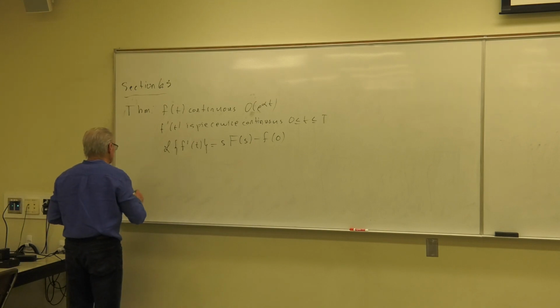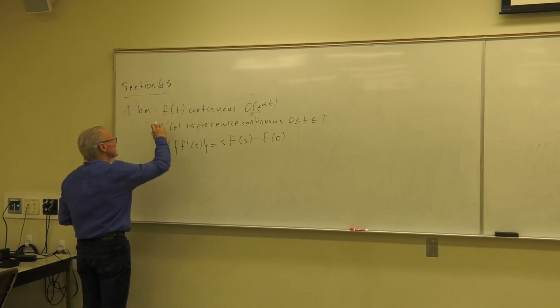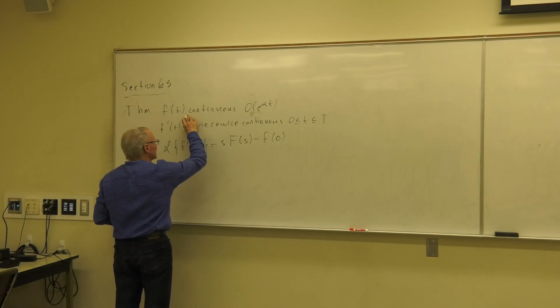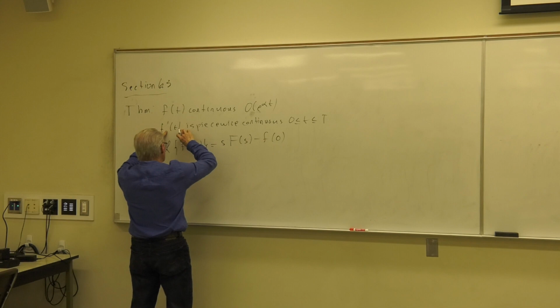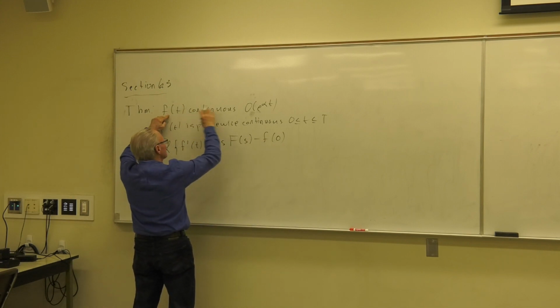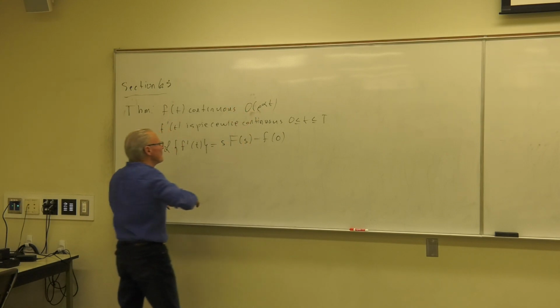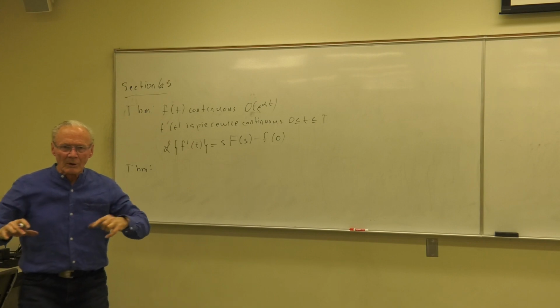So that's how we take the Laplace transform of the first derivative. If we want the Laplace transform of the second derivative, then we need to assume more: that f is continuous, f prime is continuous, the second derivative is piecewise continuous, and they are of the same exponential order. I'll leave you to read all those details.